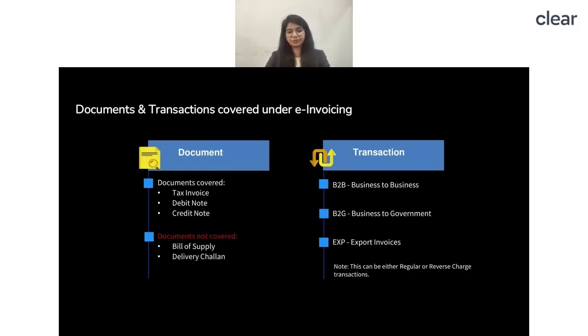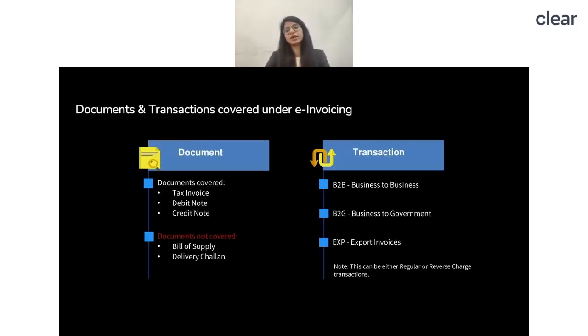Now the next question, right? Now what happened? I had two branches in the same state, but I only have one registration. I only have one GSTN in this particular state. Let's say in Karnataka, I have only one GSTN, but I have two branches in the same state. Let's say one is in HSR, another in Whitefield, which means one in location A, another in location B. I have two branches under the same GSTN.